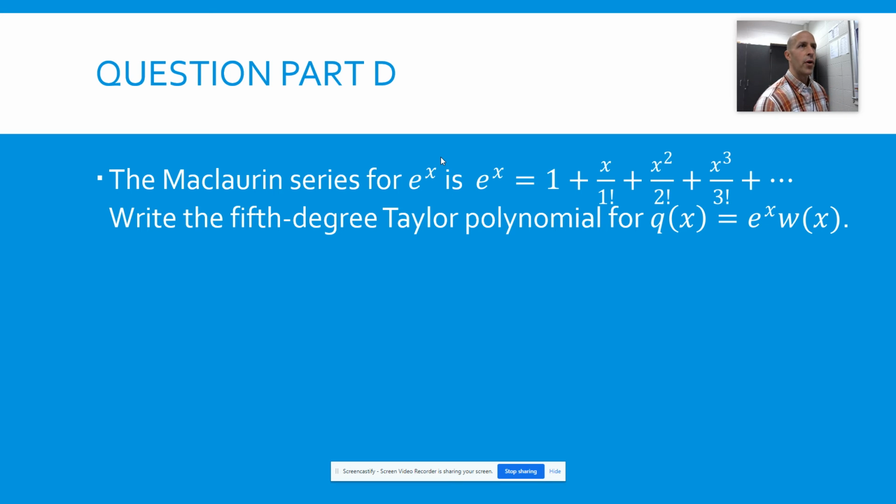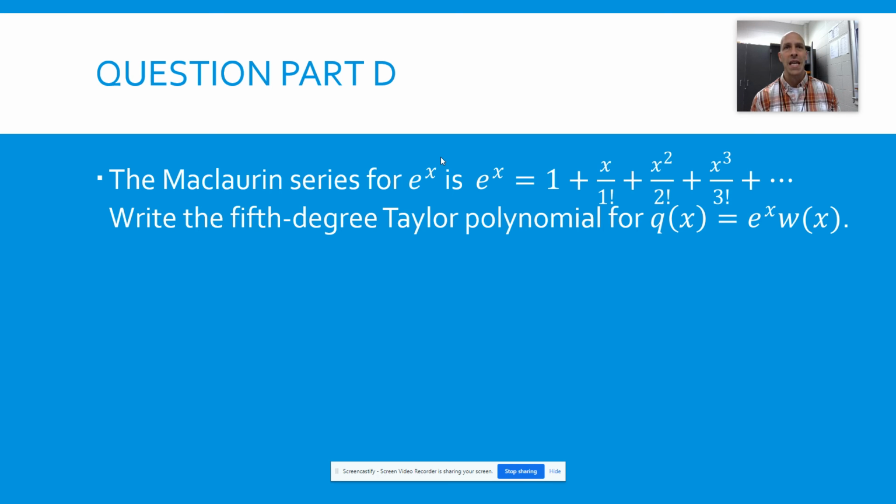And then finally, part D. Here it says the Maclaurin series for e to the x is provided, and it says write the 5th degree Taylor polynomial for q of x, which will be equal to e to the x times w of x. So w of x was this algebraic times a trigonometric function. It's x times arctan of x.